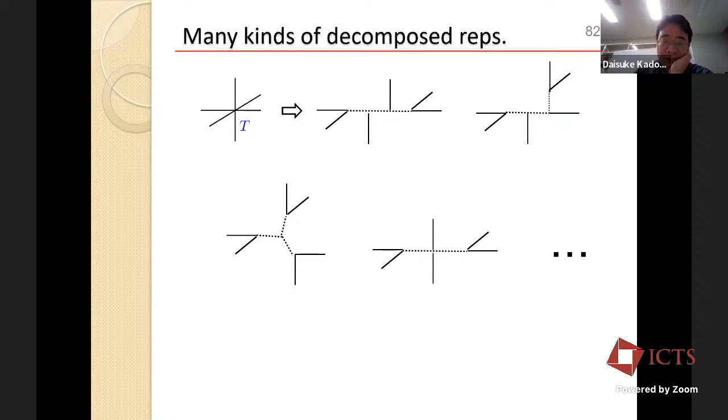Of course the best renormalization scheme keeps the rotational symmetry, I think, but it's difficult to find a TRG method keeping the symmetry.